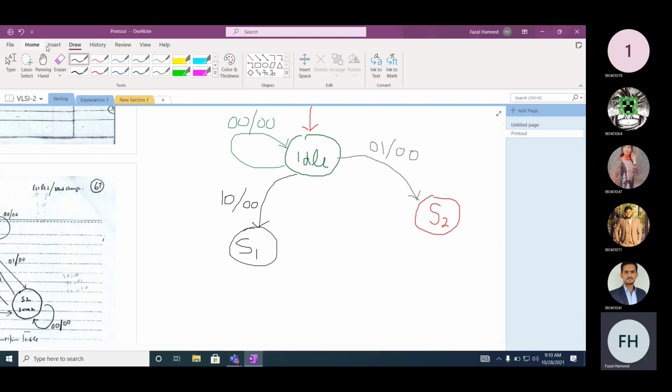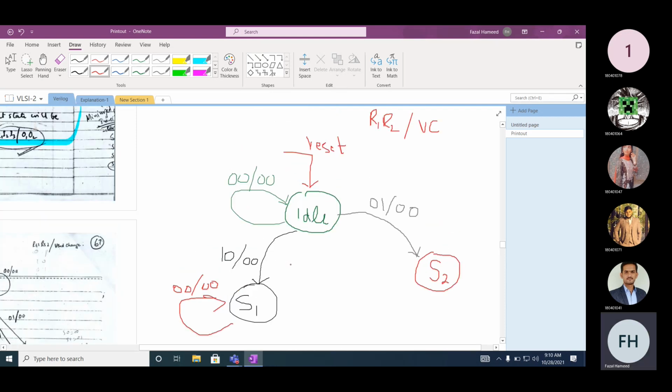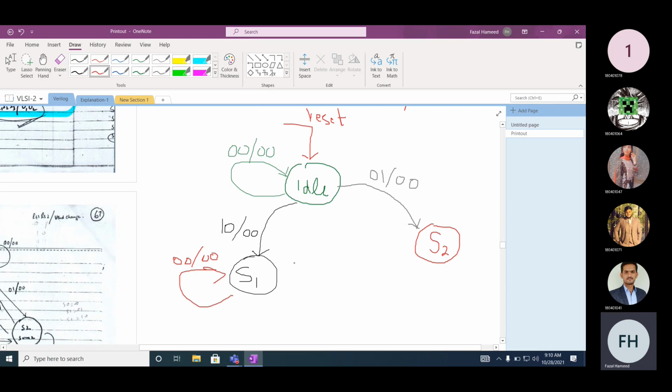In this state S1, with 0 0, what should happen? What does 0 0 imply? It stays in the same state. Then 0 1. What should happen? The output change should happen.